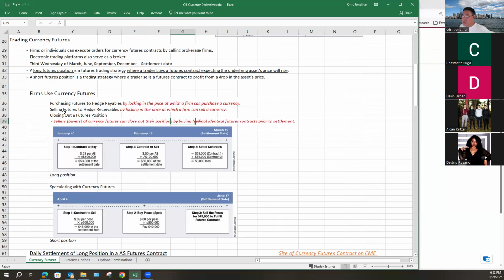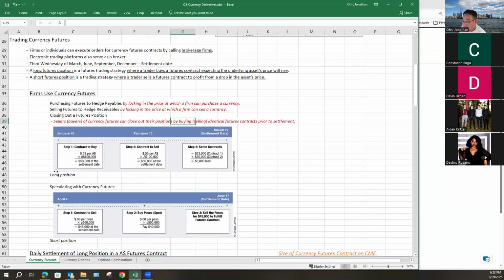So the short position is canceled out by a long position, and a long position is canceled out by a short position. That's mostly how it is done. But a small percentage are settled in actual delivery, right? But here, let me show you one example.